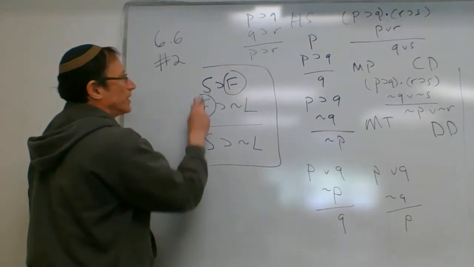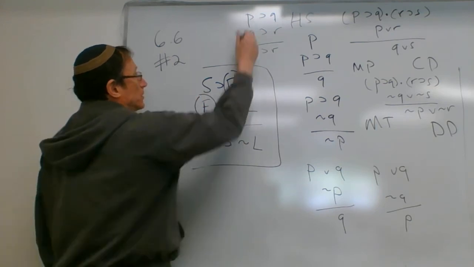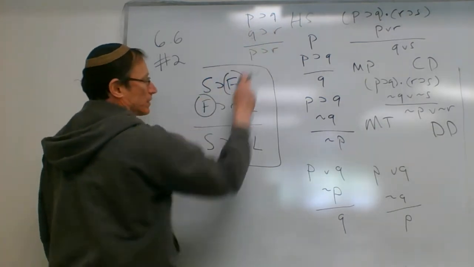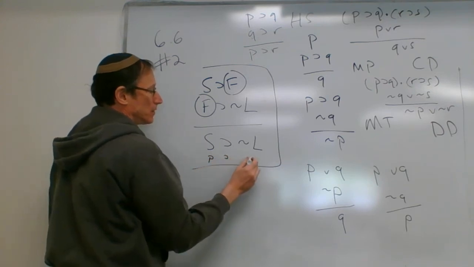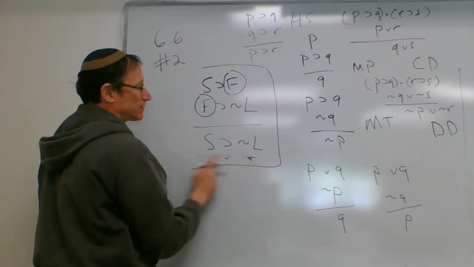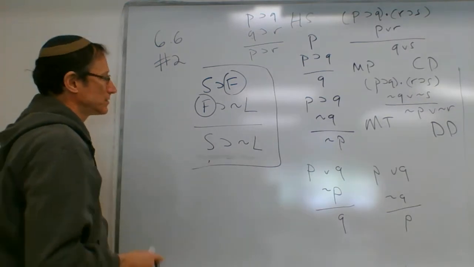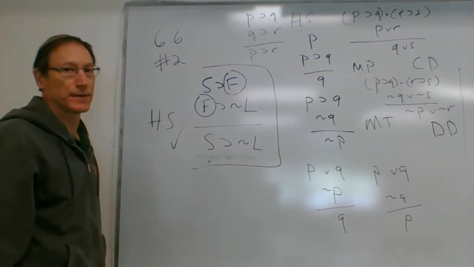You have S horseshoe F, F horseshoe not L. So if we let S be P and let not L be R, you would end up with P horseshoe R. So it does count as a valid example or a correct substitution instance of hypothetical syllogism. Right?